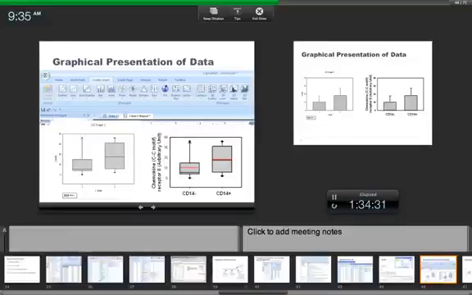As you can see here, the mean and the median are very close to each other. So this population's distribution is very close to the normal distribution. But for this population, the median and the mean are quite far apart, and this population is skewed.